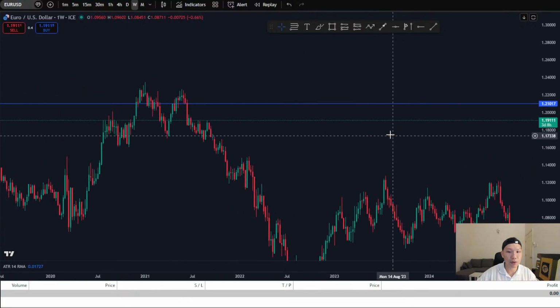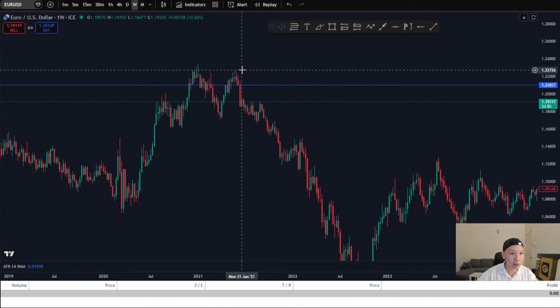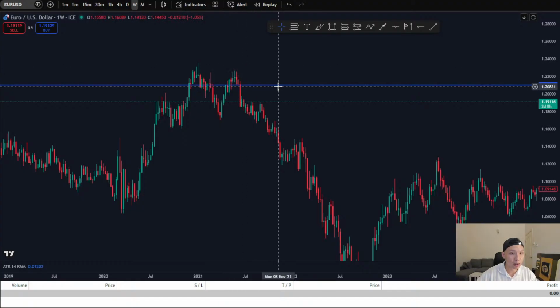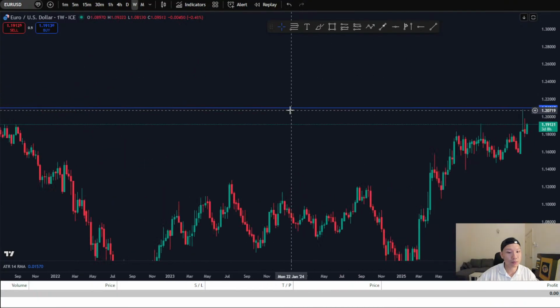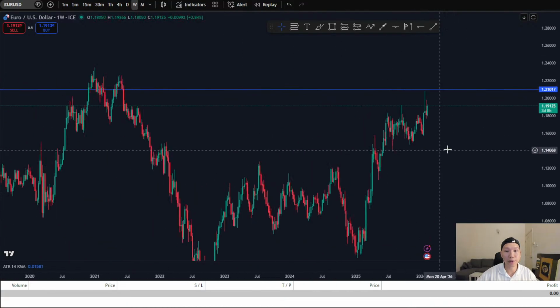Oh, it's been a while. The last time Euro US dollar reached this price range, I think, well, that's many years ago, guys. It's more than 4 years. More than 4 years already.